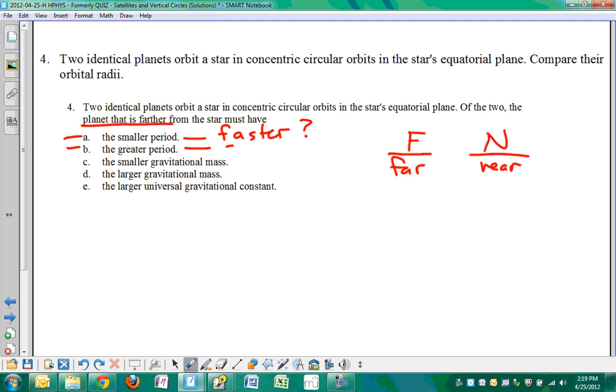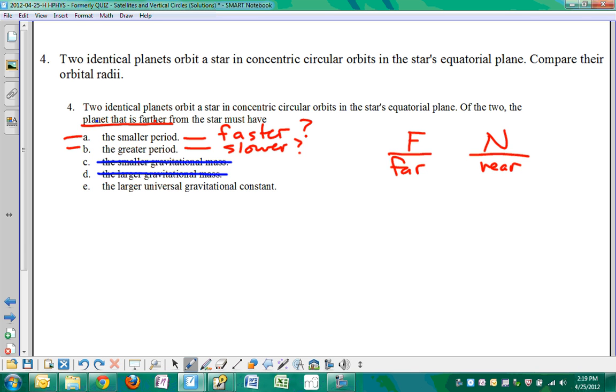In other words, is it moving slower if it's farther away? Does it have a smaller gravitational mass just because it's farther away? That doesn't make any sense at all. We can't even consider that one. Can we conclude that a planet that's farther from a star has a smaller mass? No. Less gravitational force, but not smaller gravitational mass.